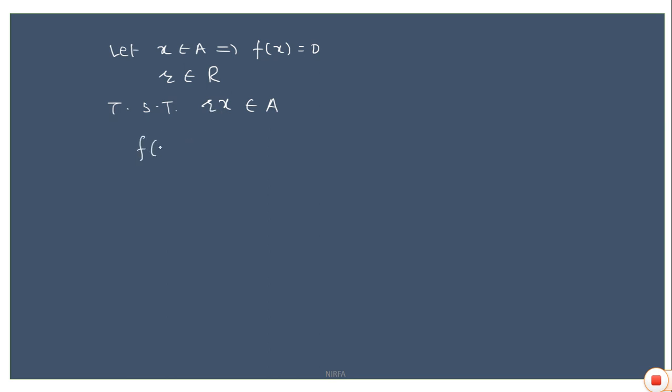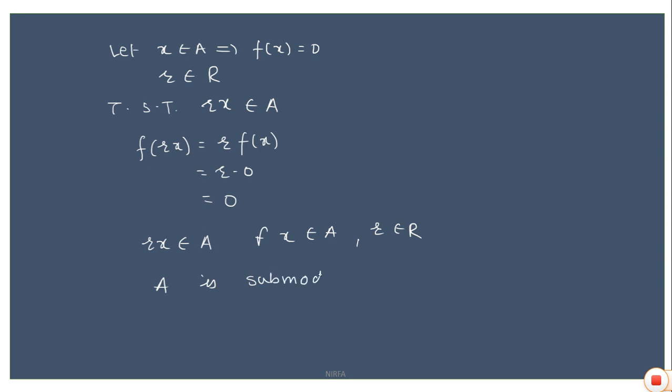So I am putting this rx inside f. f is a homomorphism, therefore we can write this, and f of x is already 0, therefore we can write this as 0. And therefore rx is a member of A for all x belonging to A and r belonging to R. And therefore A is a submodule of M.